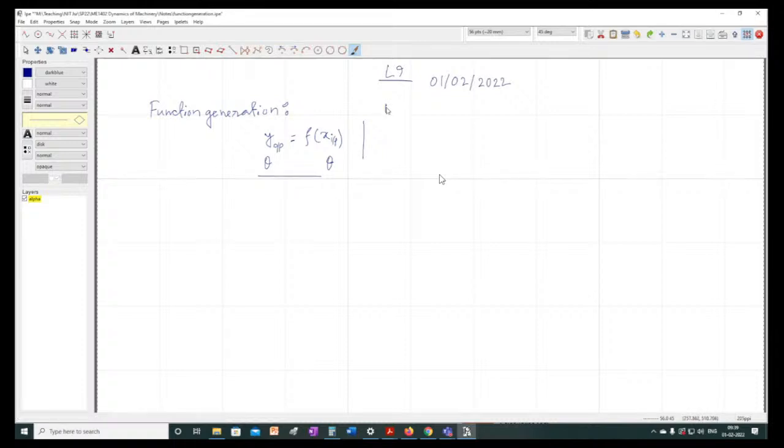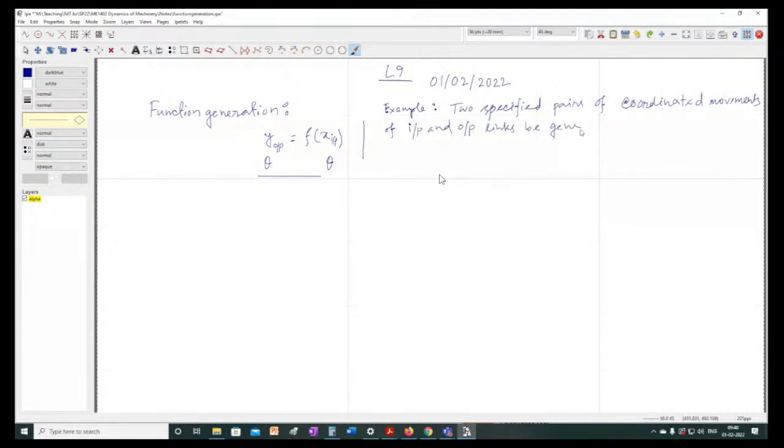So the example we are taking here: two specified pairs of coordinated movements of input and output links be generated.